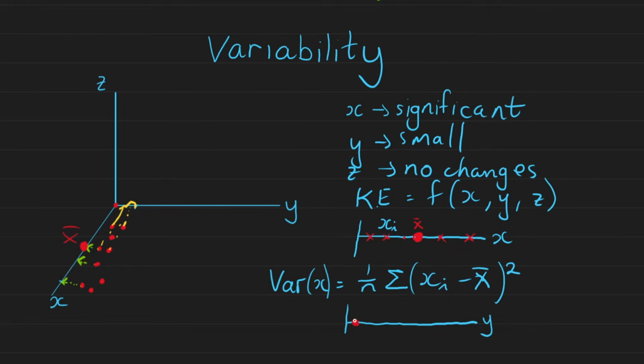So this is where the mean is, y bar. And then we have our points clustered around the mean. So in the same way, the variance along the y direction is equal to 1 over n multiplied by the sum of the deviations squared.